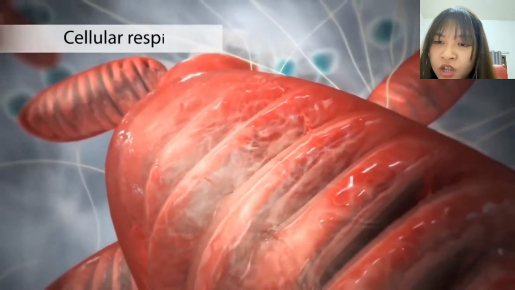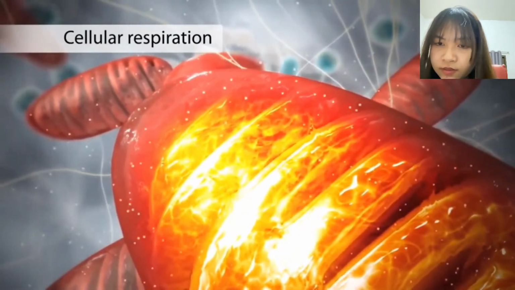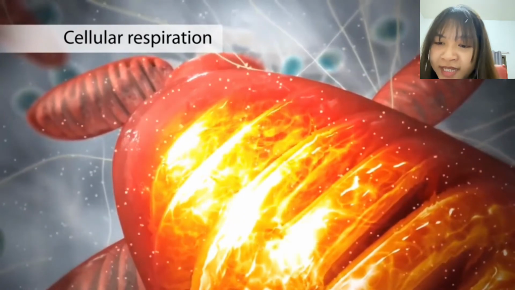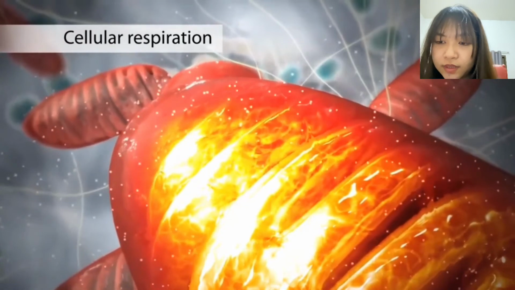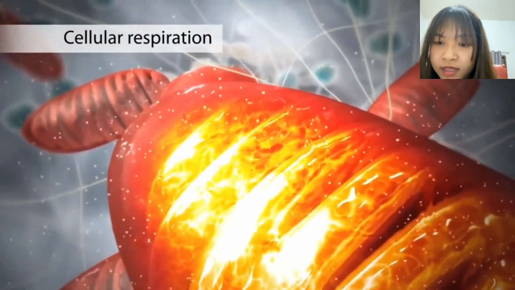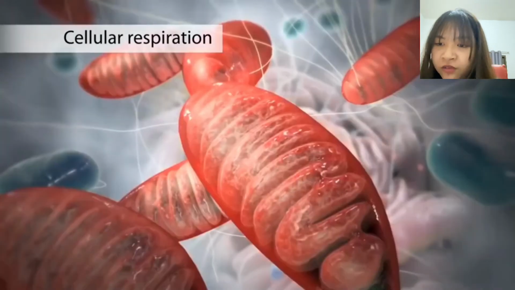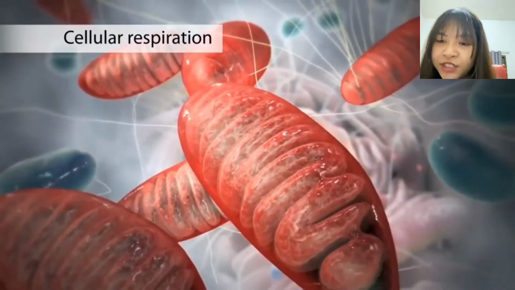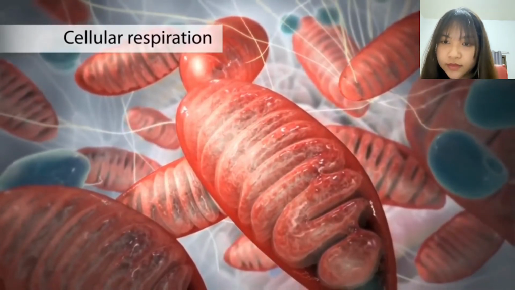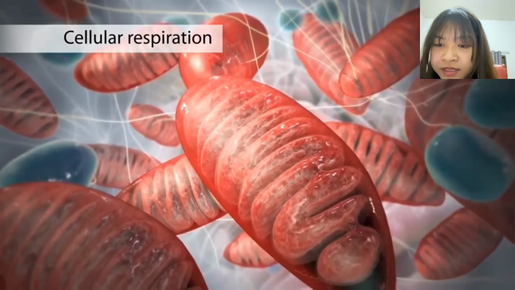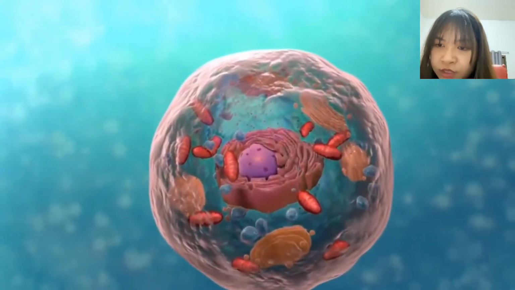During a process called cellular respiration, the mitochondria make ATP molecules that provide the energy for the cell's activities. Cells that need more energy have more mitochondria.